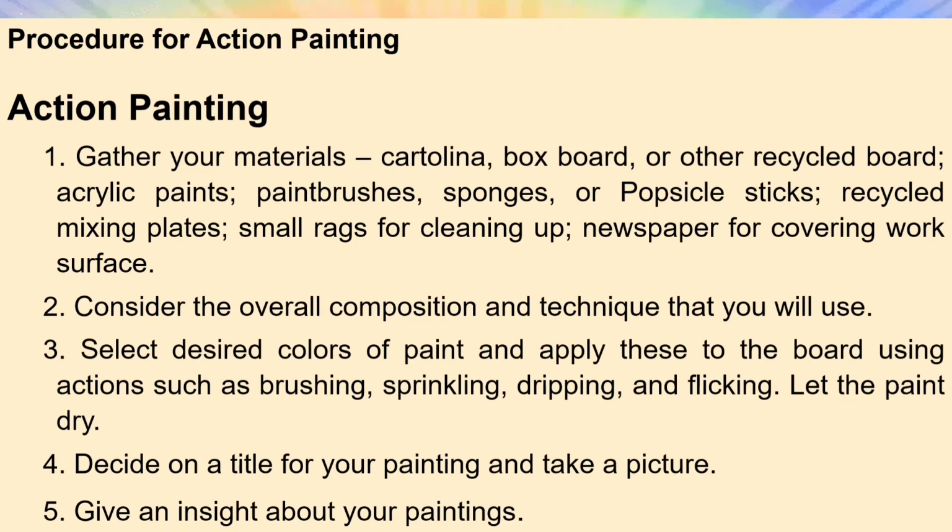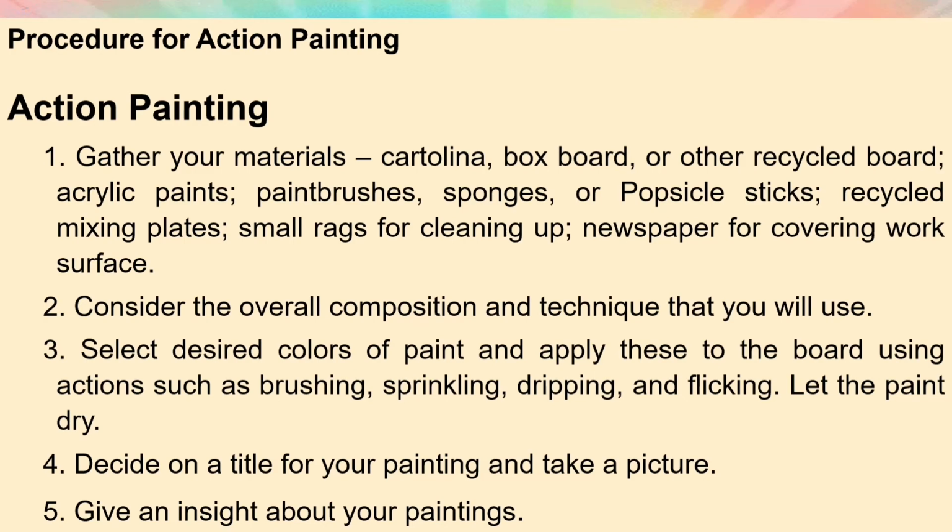Number 1, gather your materials: cartolina, waxboard, or other recycled board, acrylic paints, paint brushes, sponges, or popsicle sticks, recycled mixing plates, small rugs for cleaning up, newspaper for covering work surface. Number 2, consider the overall composition and technique that you will use.